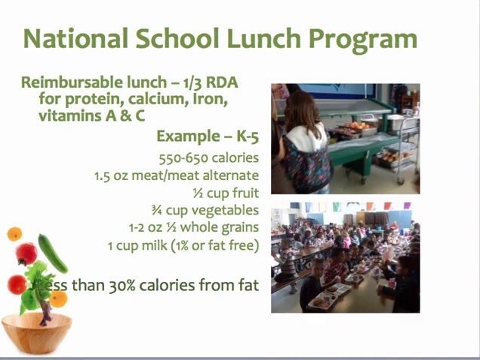There are also subgroup requirements for dark green vegetables, red-orange vegetables, beans and peas, starchy, and other vegetables. So there are some specifics.